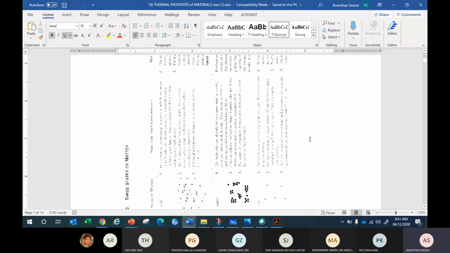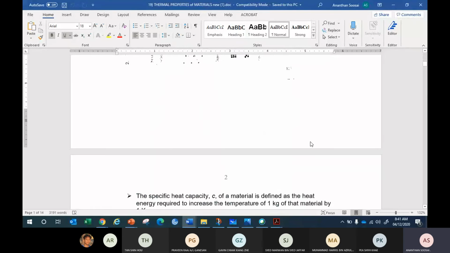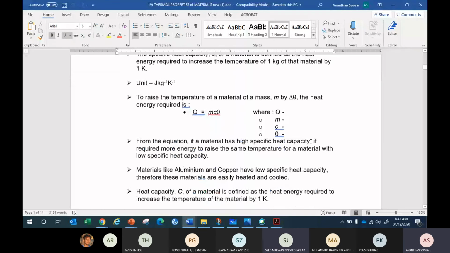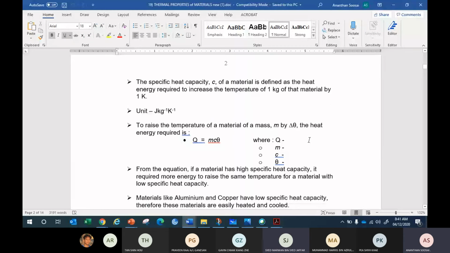So these are the facts to remember. A lot of things to fill up here. Q equals mc theta. Q is what? Heat energy. M is the mass of the substance. C is the specific heat capacity. Theta is the change in temperature. You need to fill this up here.